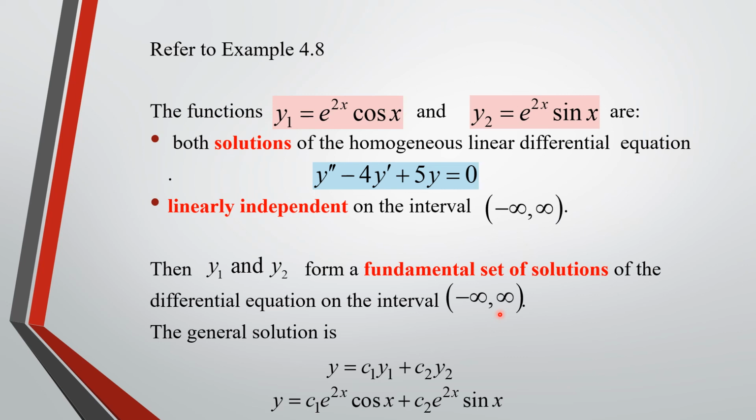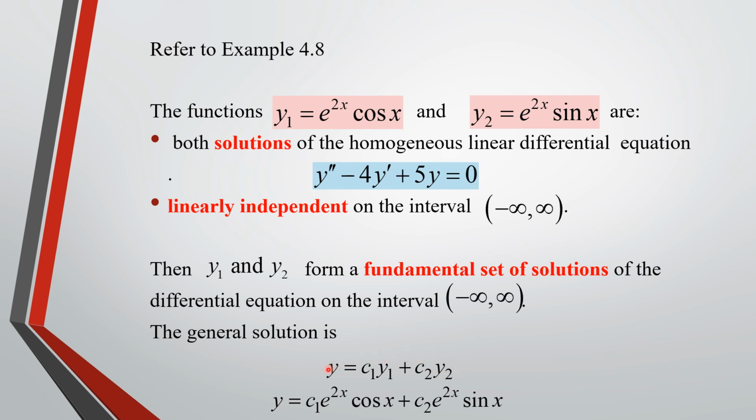Now, since they have formed a fundamental set of solutions, we can now form the general solution. According to the superposition principle, if you can recall, if y1 is a solution, any constant multiple of y1 is also a solution. If y2 is a solution, any constant multiple of y2 is also a solution, and a linear combination of these is also a solution for the given differential equation.